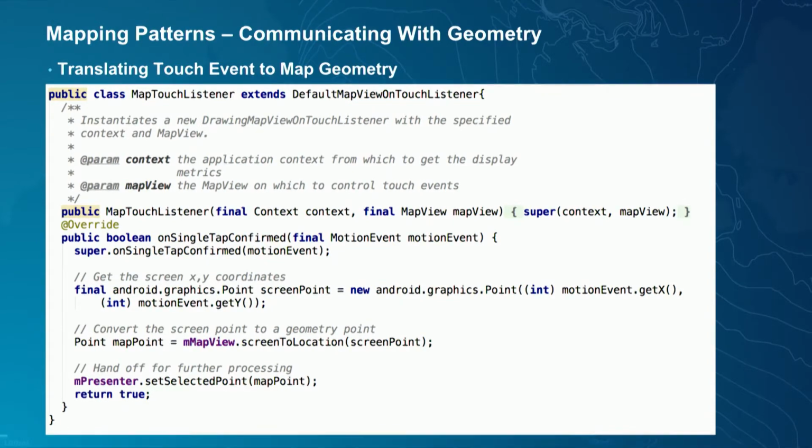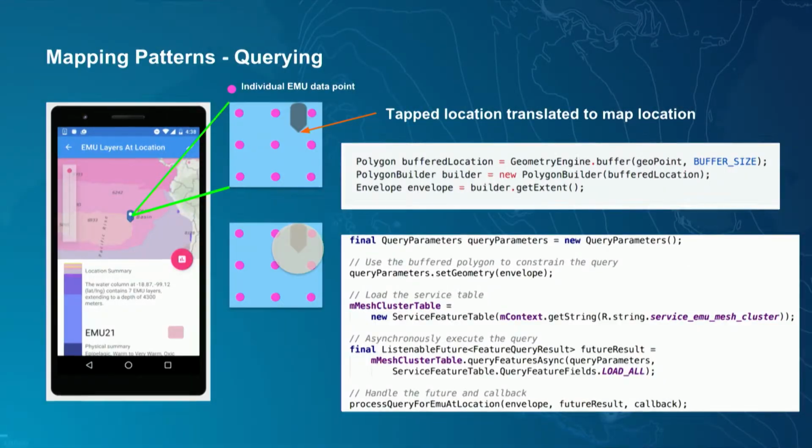So we need to convert the screen points to a geometry or location, and that's where our SDK converts that. We now get a geometry point that has an XY value, and we can do something interesting with that value. We can hand it off to the presenter and start querying the data sets.